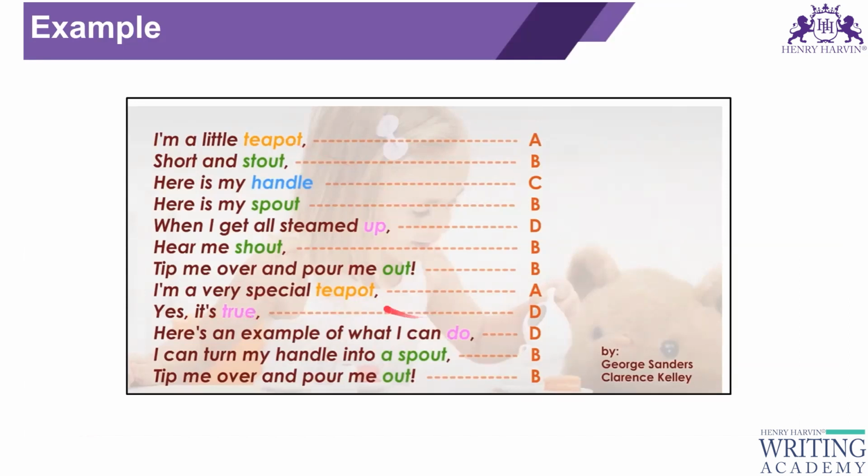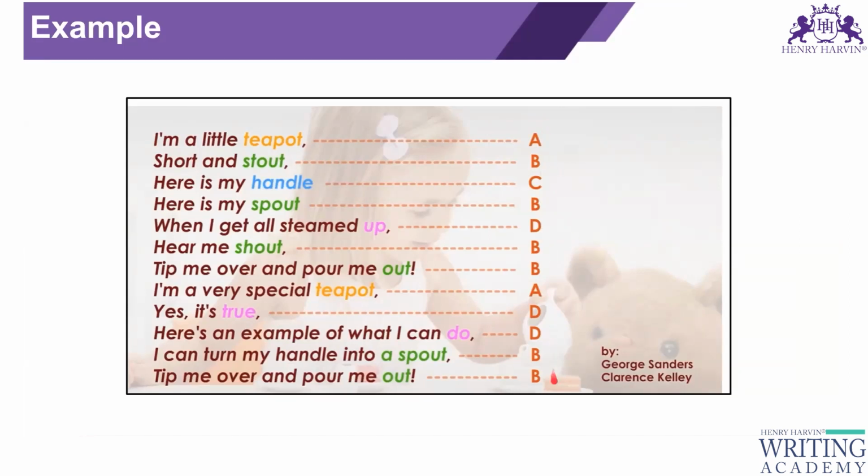Here's an example of what I can do. I can turn my handle into a spout. Tip me over and pour me out. Okay, these are different types of words that the poet has used. So this is a teapot poem that we use in nurseries.